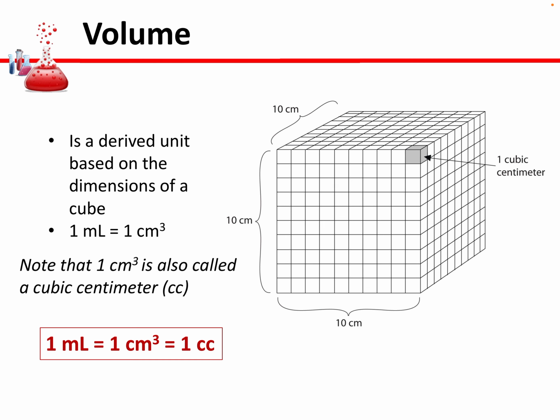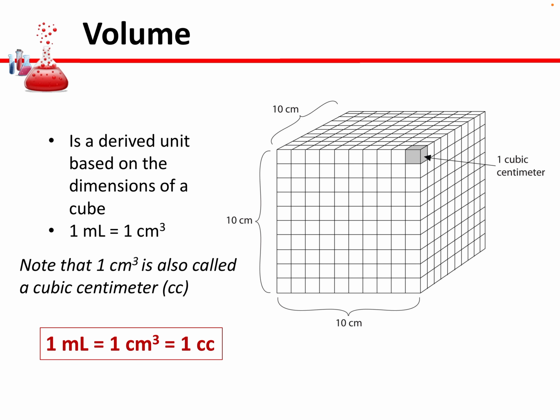So our first derived unit is volume. Volume is the space something takes up, right? We can think of a cube as having a volume. So 1 milliliter is equal to 1 centimeter cubed. A centimeter is very small, maybe the size of my fingernail, and on 3 sides, if we have a little cube, that would be 1 milliliter.